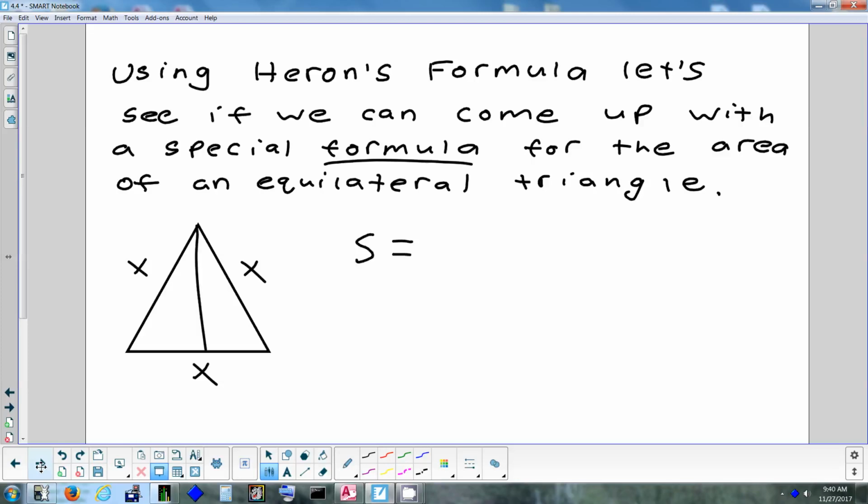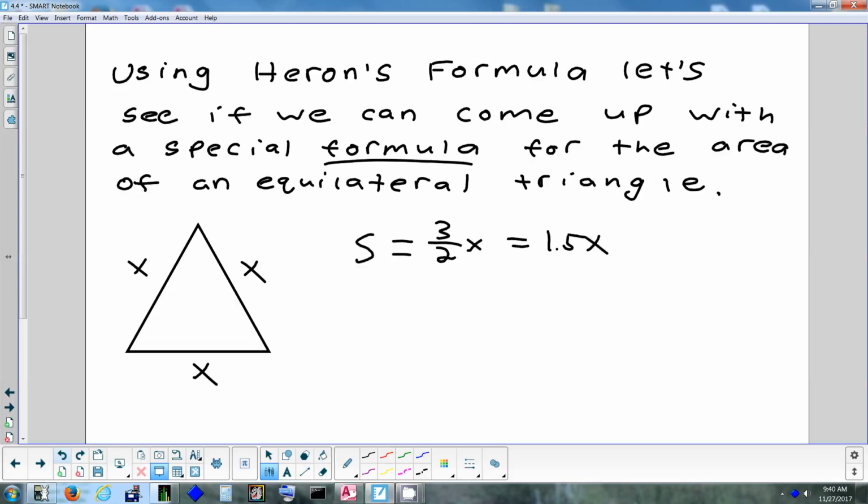We don't have that line that I just drew labeled. So we've got to use Heron's formula, but I need the semi-perimeter first. So let's just start. What's the perimeter? Yeah, 3x. So what's the semi-perimeter? 3x divided by 2. Or you could just write 1.5x. If you want to think of it that way, that's the same thing.